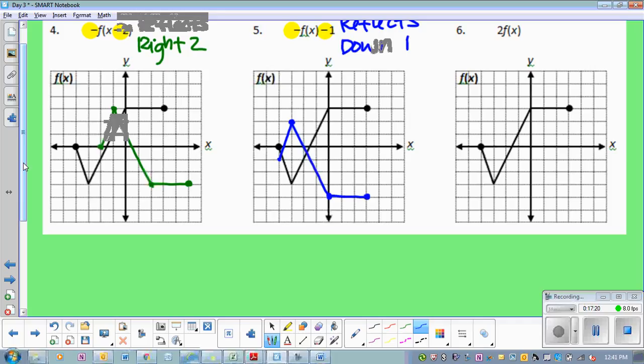All right, so number 6. Have a 2 in front of f of x, right? So having a number that is greater than 1, what happens? How does that change the graph? It becomes narrower. Yep, stretches and narrows. Okay, good.